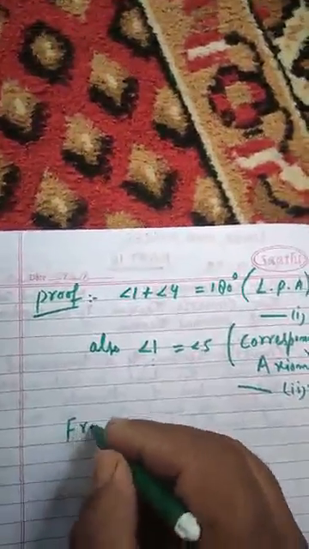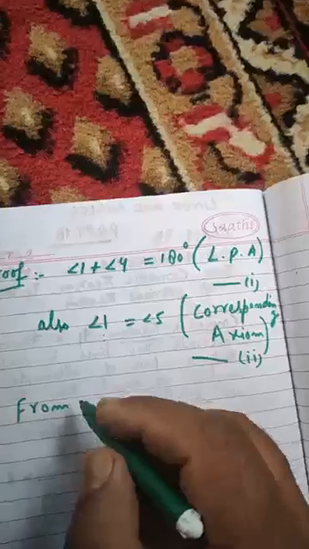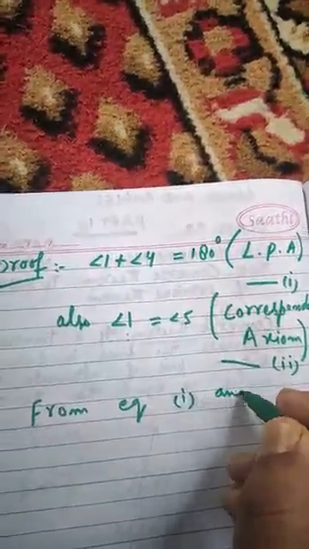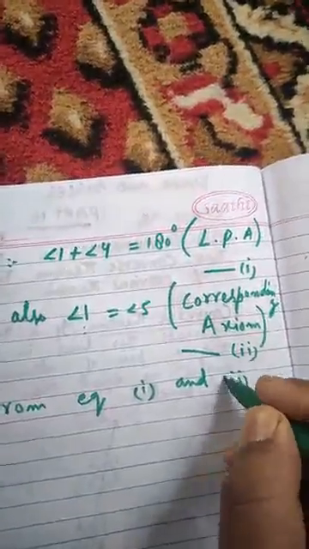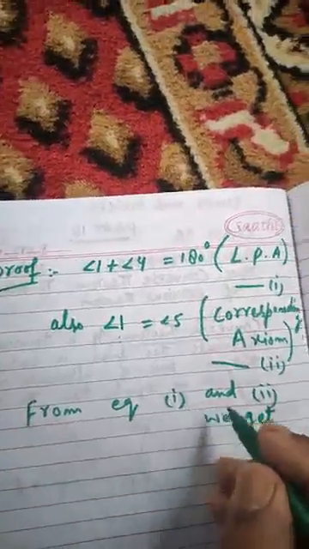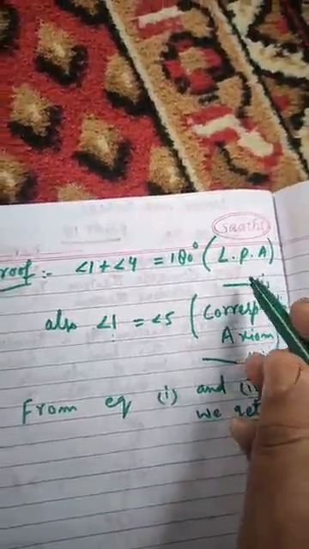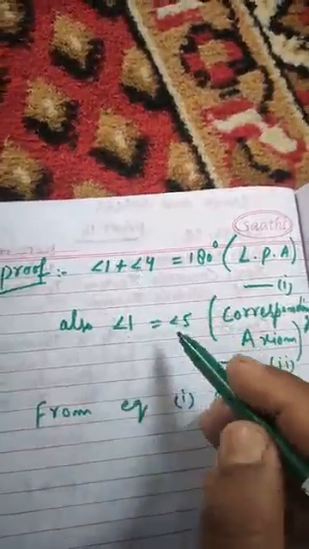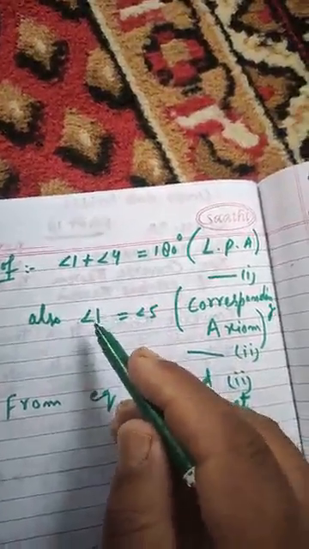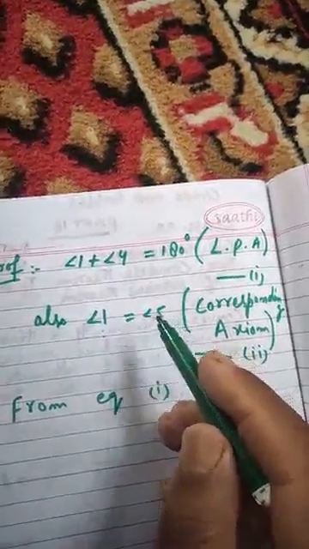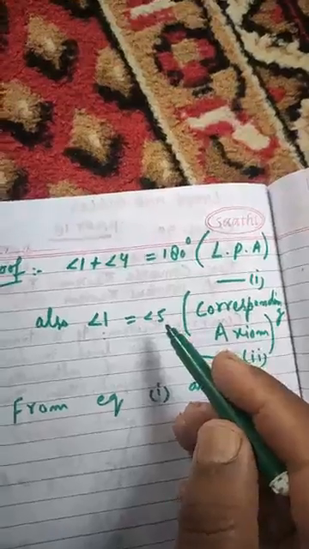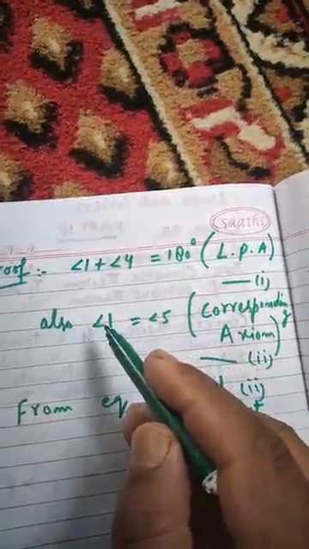Now if we carefully look at the first and second equations, something is common: angle 1 is here also, and angle 1 is equal to angle 5. That means instead of angle 1 we can write angle 5, because that is also equal to angle 1.